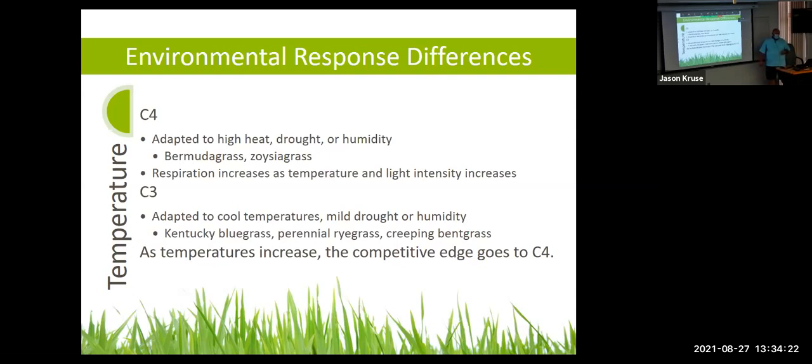Now think back to the pictures that I showed on Wednesday, where we had the warm season and cool season grasses over the steam tunnel. In the middle of the summer, that warm season grass had the advantage, and the cool season grass actually got to the point where, between either drought stress or heat stress, it went dormant. But the warm season grass, even though it's under a steam tunnel, didn't get to the point where it's stressed enough to go dormant.